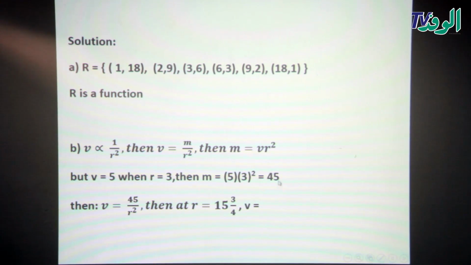We get the constant is 45. Then we have the relation between v and r: it's 45 over r squared. Then at r equal 1 and 3/4, you know how to solve it. Replace r with this mixed number, then use your calculator to evaluate the velocity. Okay, in a little while we'll come back to complete the rest of the revision.